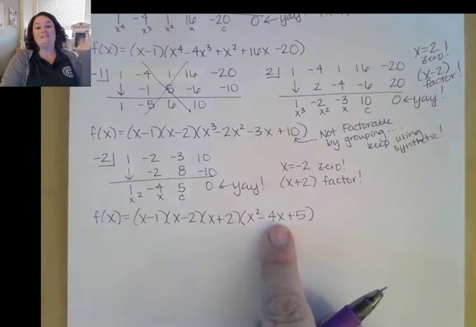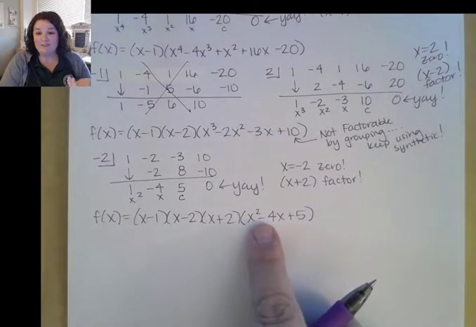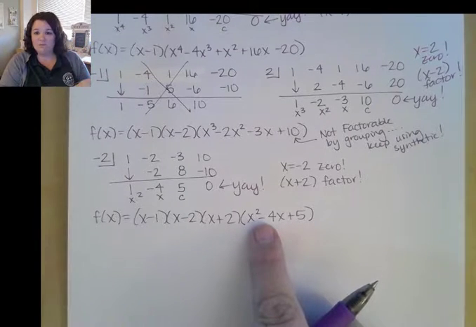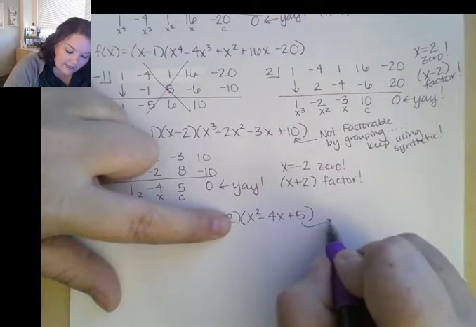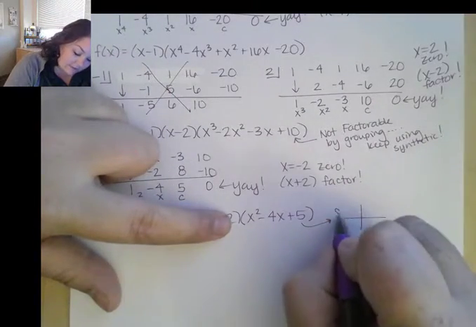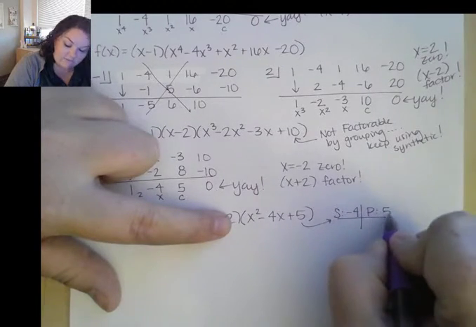I should be done with synthetic because once I get down to an x squared, I should be able to factor using sum product or the square root method or quadratic formula or something, right? I shouldn't have to do synthetic anymore. So let's go ahead and look at doing sum product with this. My sum is -4 and my product is 5.